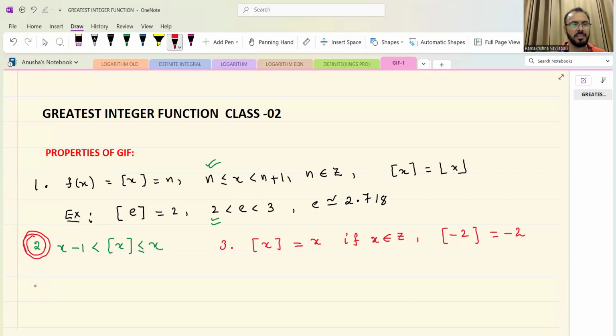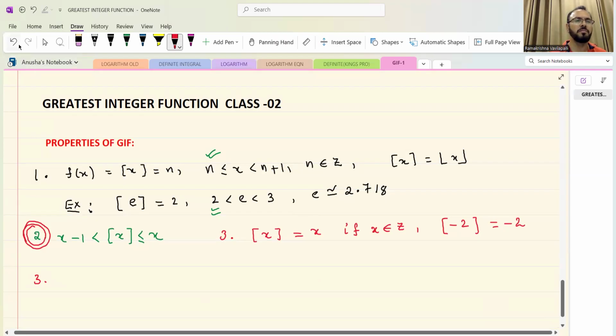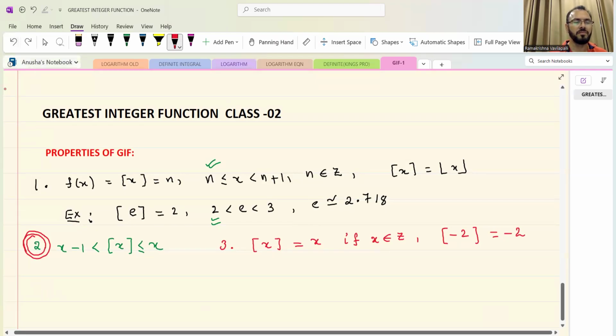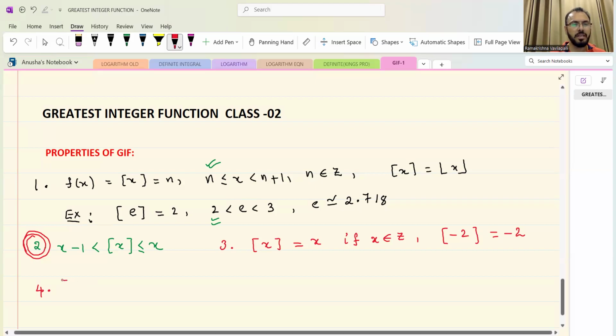Next, the fourth property. What is the integral part of x plus 1? Or x plus 2? Here you see the integral part of x plus some k.